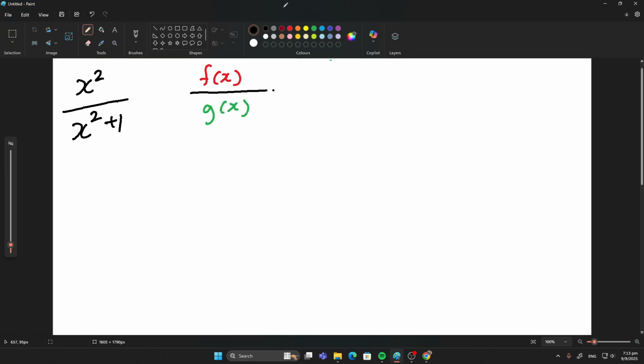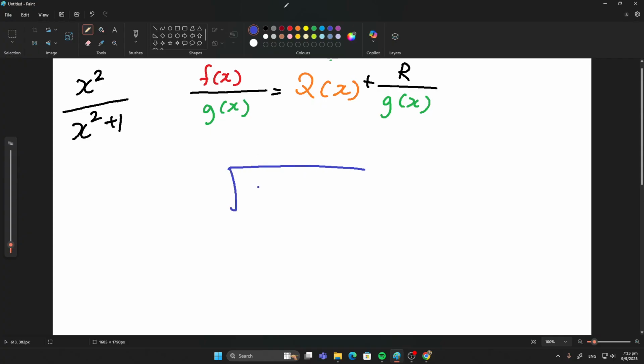I'm sorry if I'm speaking a bit too fast. I'm just going to put R for remainder. Okay. So when this divides by this, let's do the math, shall we? So x squared divided by x squared plus 1. x squared, I can do a 1.